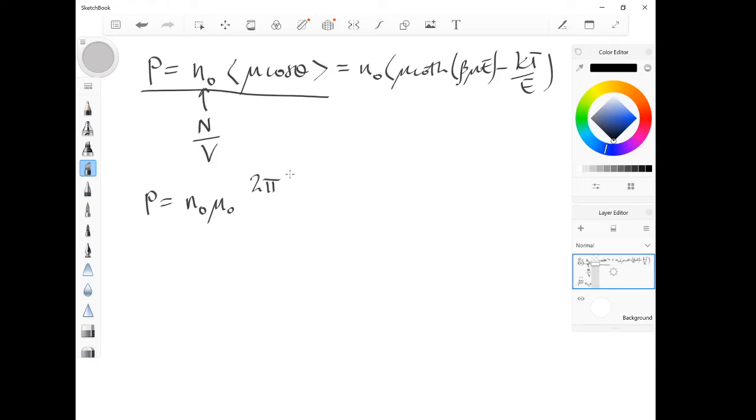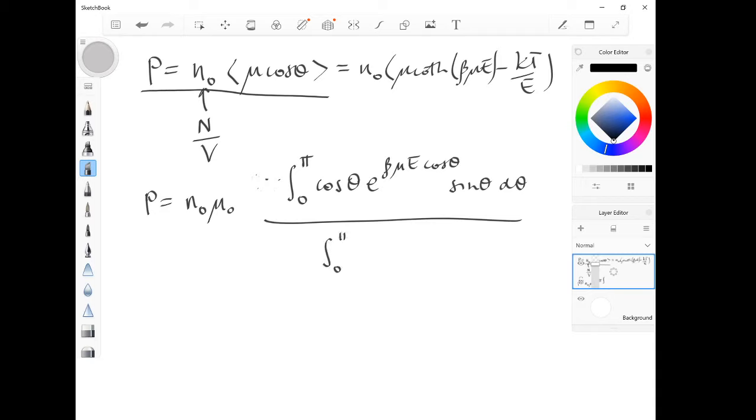So we've got 2 pi, integral from 0 to pi of cos theta e to the beta mu E cos theta sine theta d theta, over the normalization, the integral of e to the beta mu E cos theta sine theta d theta.